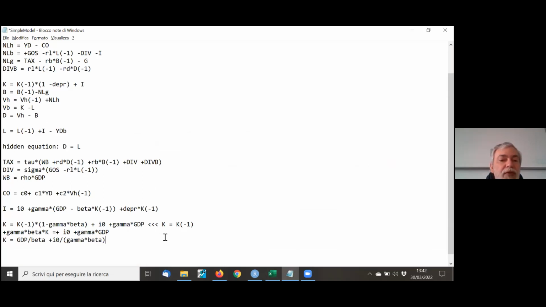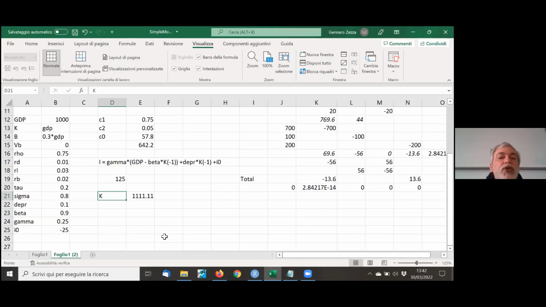And we also have this term here, which is I0, what we put equal to whatever, minus 25, divided by gamma times beta.